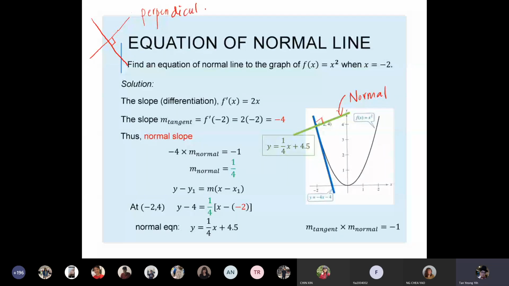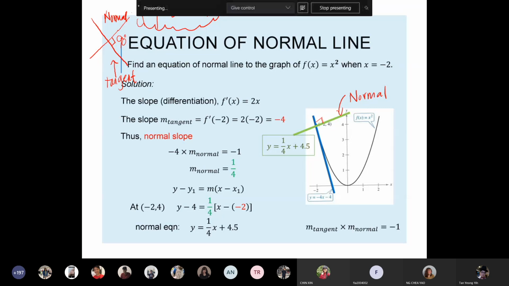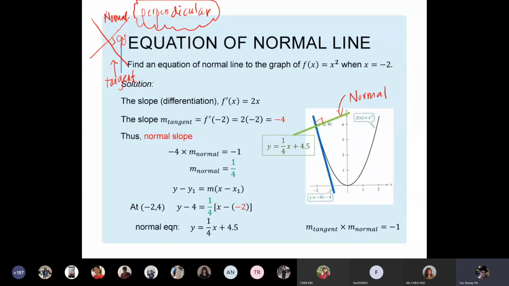We learned this in chapter 1. Perpendicular lines are lines that form 90 degrees. So the tangent and the normal are perpendicular. Take note: tangent and normal, they are perpendicular.